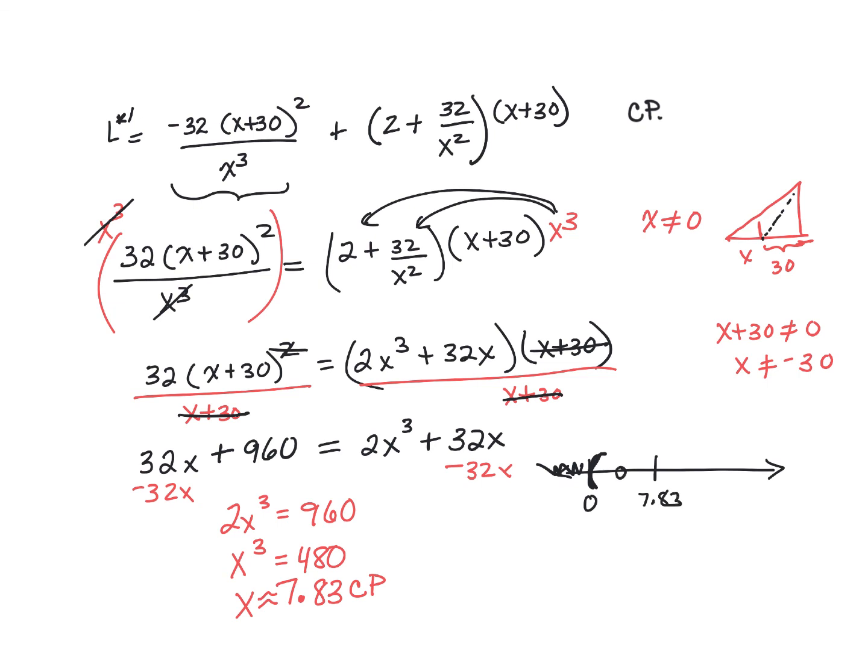I'm going to leave it to you as an exercise to test like 1 and 8. And it turns out that if I plug into L star prime, the derivative, I will get a negative value here and I will get a positive value when I plug in 8. So this is in fact a minimum. The function at 7.83 is a minimum.